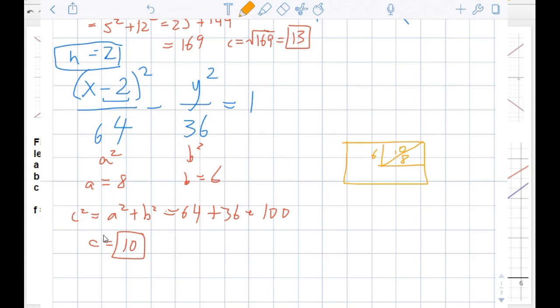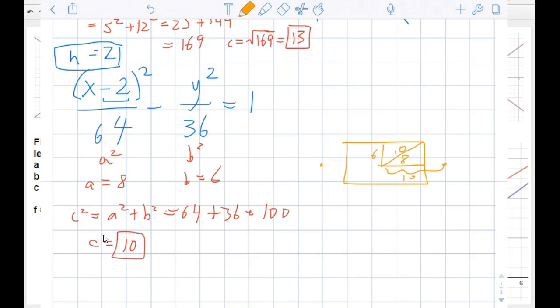So the question is, are the foci up here and down there, or are they to the left and right? In this case, we have an x squared minus y squared equals 1 pattern, which means it's a left-right hyperbola. So that means that the foci are going to be left and right, and they are going to be located 10 units from the center.